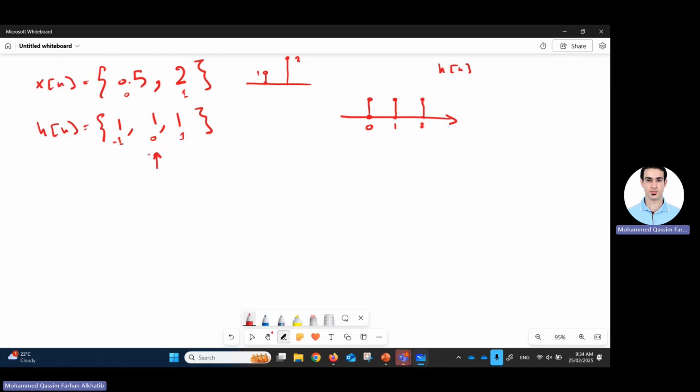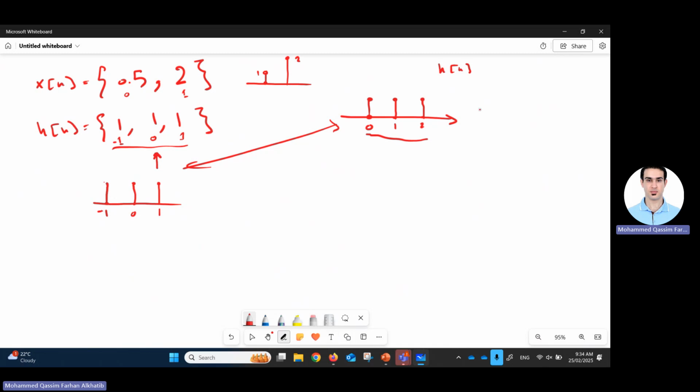If I want to plot this one, when I find the arrow like this, it's exactly the same plot as here, but I will have a sample at -1, a sample at 0, a sample at 1. So they are exactly the same, but my indices are different, because with sequences we have the index and the value. All right, so if it's not stated, by default, my first value will be at index number 0.